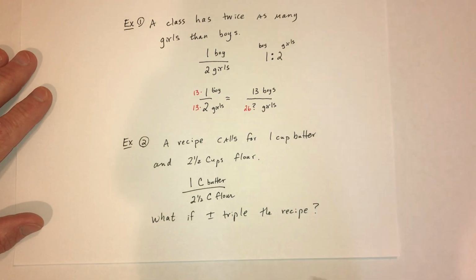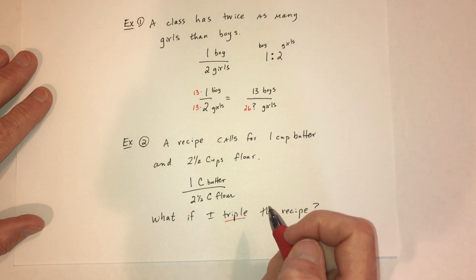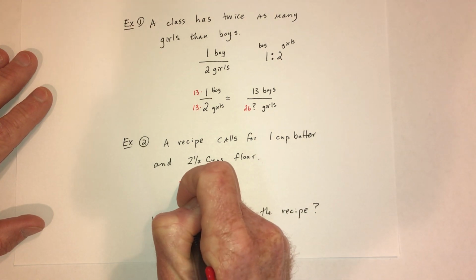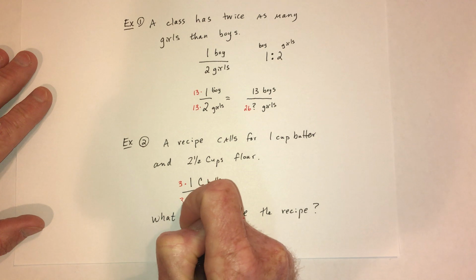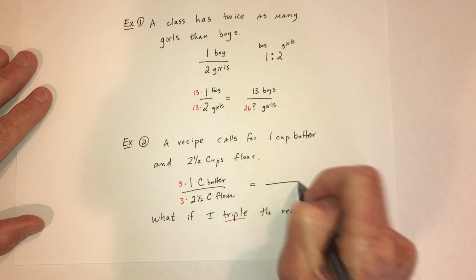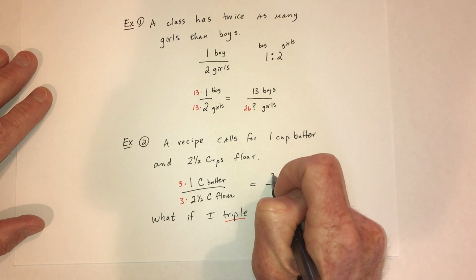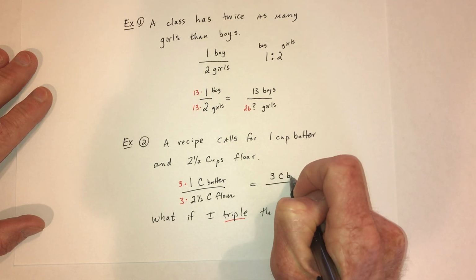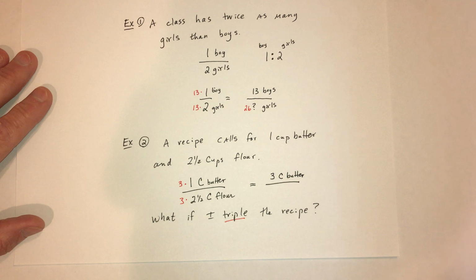So then if you triple it, so that means multiply by 3. So then multiply by 3 on the top and multiply by 3 on the bottom. So the top one's easy. That's going to be 3 times 1. So 3 cups of butter. And then what about this one? 3 times 2.5.